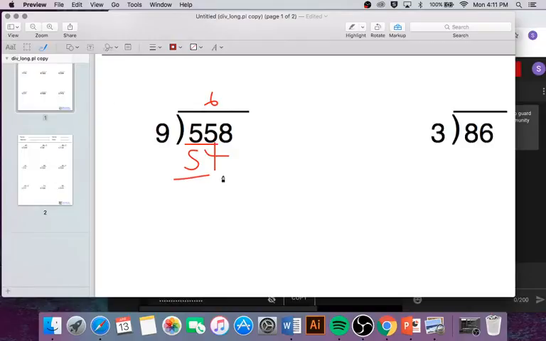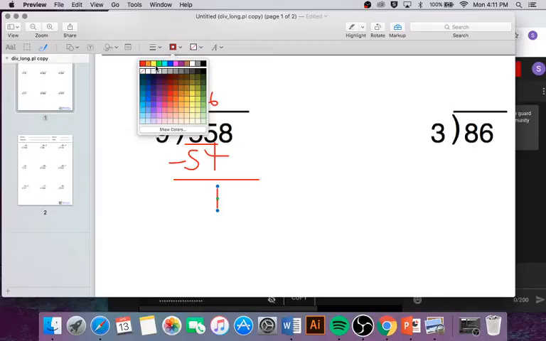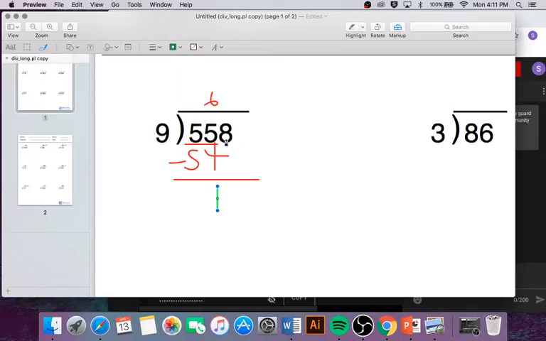And we need to subtract 54 from 55. And 55 minus 54 is 1. So the next thing we do is we're going to bring down our next number, which is our 8.